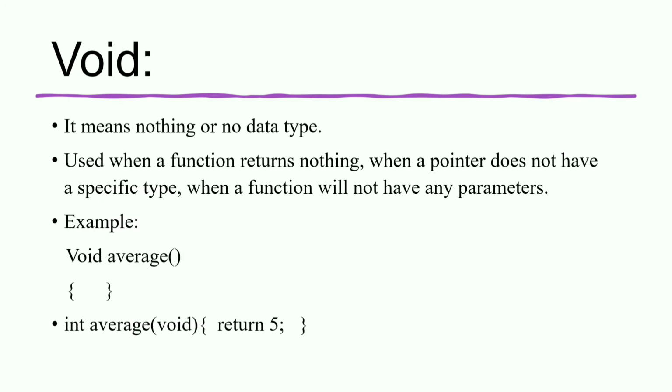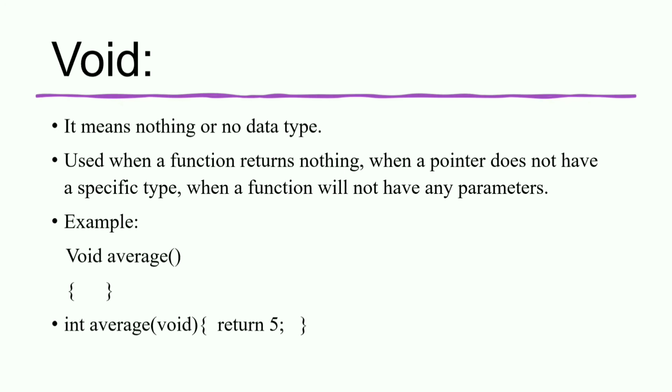Then comes void. If we don't want to use any kind of these data types like integer, float, double, structure, array, then we can use void. What does void mean? Void means nothing. If we don't want to use any data types existing in C, we can use void.